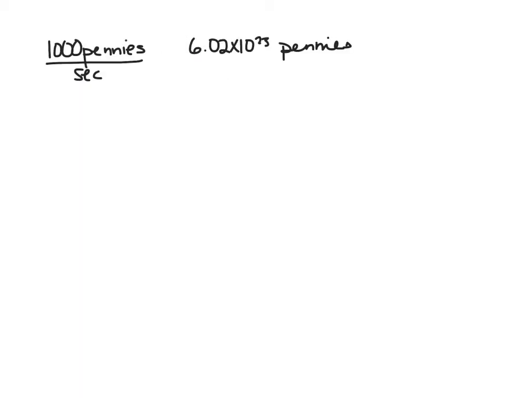Okay, here's another example. If you can spend 1,000 pennies a second, and you have a mole's worth of pennies, how long in years will it take to spend the mole of pennies? So you've got to set up some ratios here. We've got pennies per second. We want years, so we need to get some ratios in here.